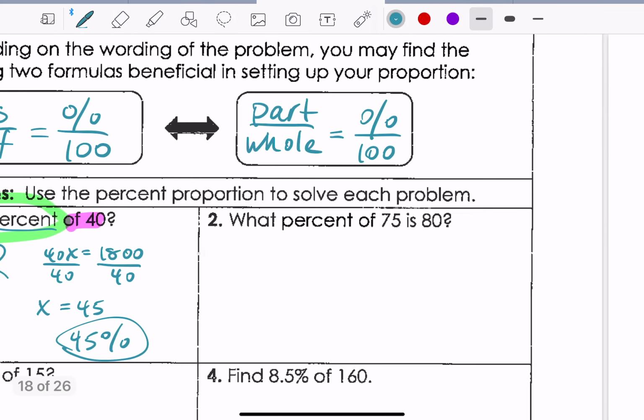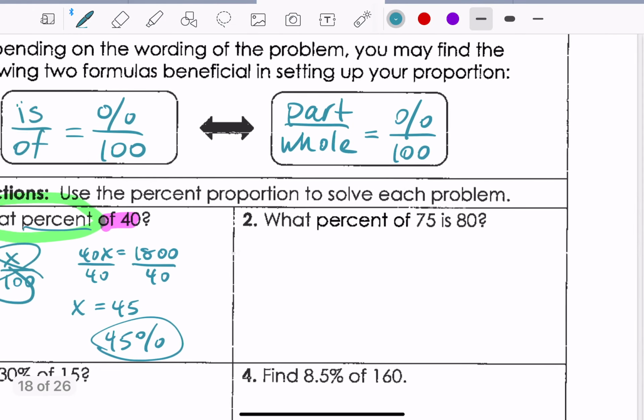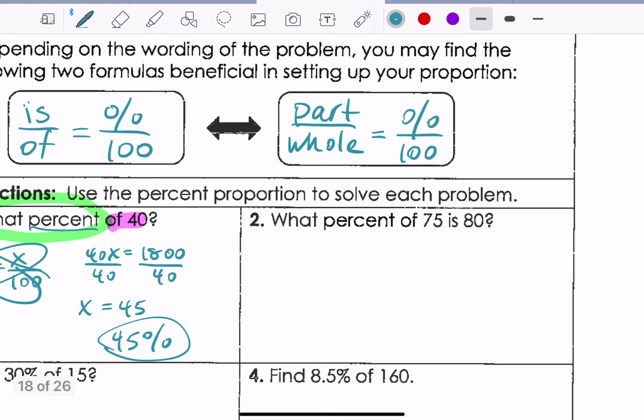Okay, number two. This one says, what percent of 75 is 80? So let's go through and highlight. My is is 80, my of is 75, and then what percent? That's what I don't know. So when I go to set this up, is is 80 over the of part is 75. I don't know the percent, that's x, and I'm always going to have 100.